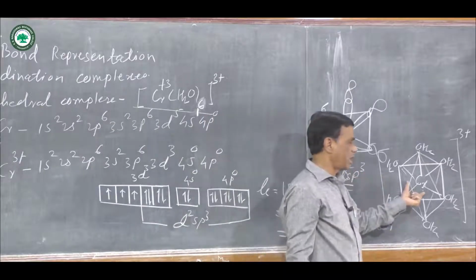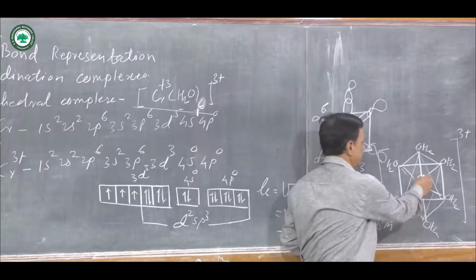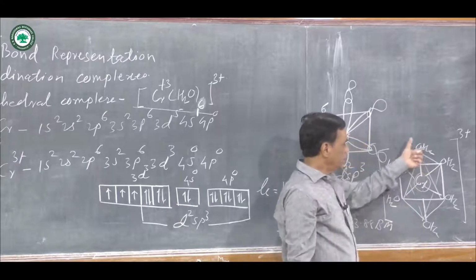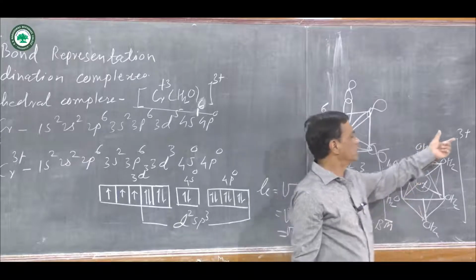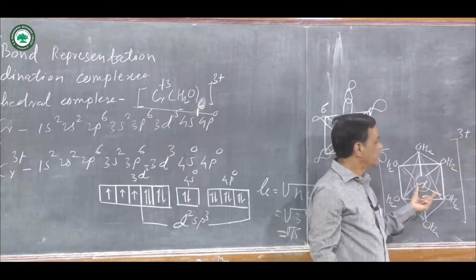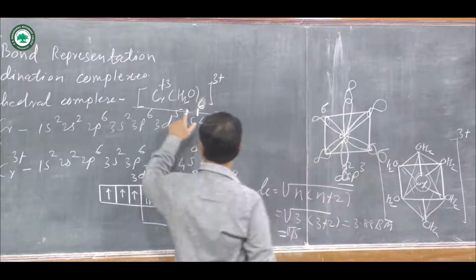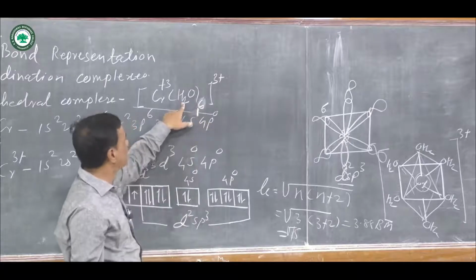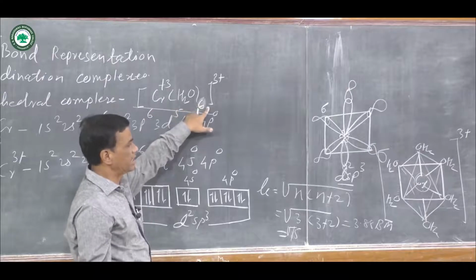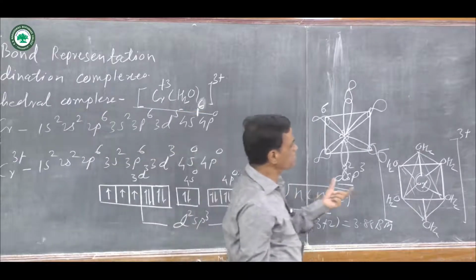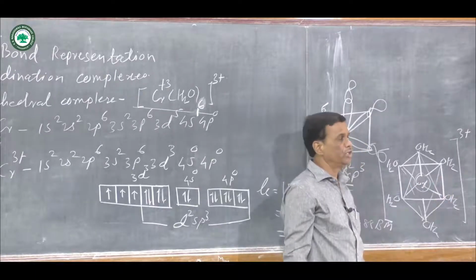The octahedral arrangement is represented with the Cr metal ion at the center position. Then 6 ligands are there. This is the octahedral arrangement. The charge on this complex is 3+, and this complex ion is represented in square bracket. The reason is that all 6 ligands are directly attached to the central metal ion, and when there is direct attachment, this is the first sphere, and the first sphere is represented in square bracket.